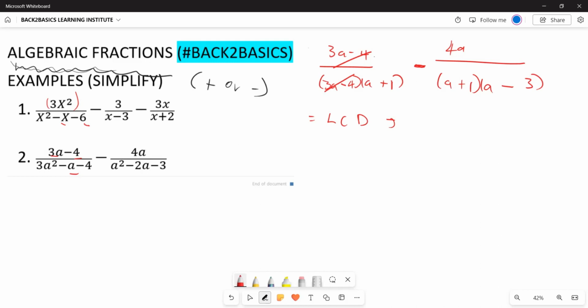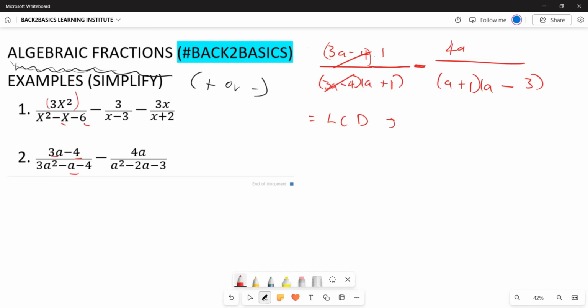So these two can cancel. So actually what you're left with here is only 1, because these two have canceled. So this is the same as 1 over a plus 1, right?